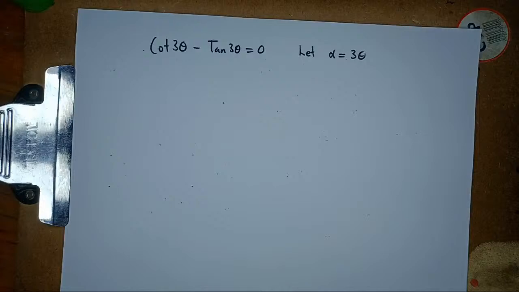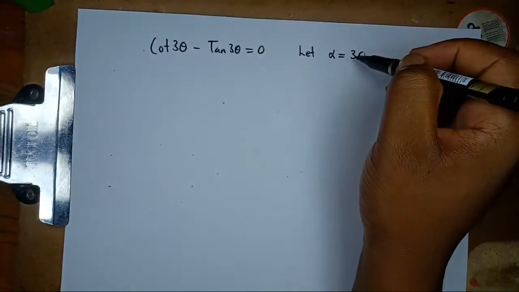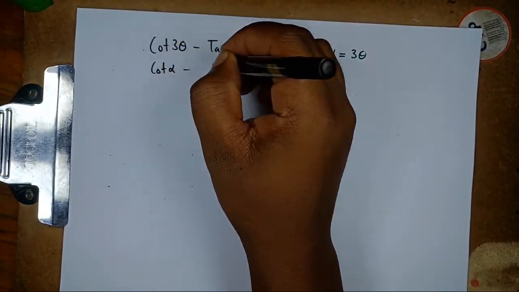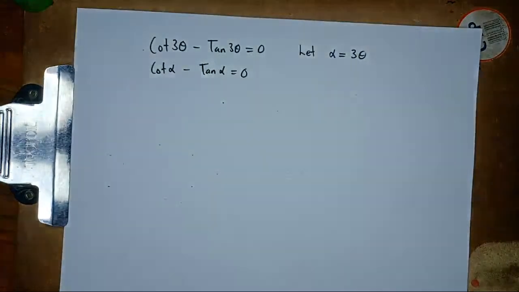So where there's 3 theta, let's put alpha, so that we have cot alpha minus tan alpha, all this is equal to 0.